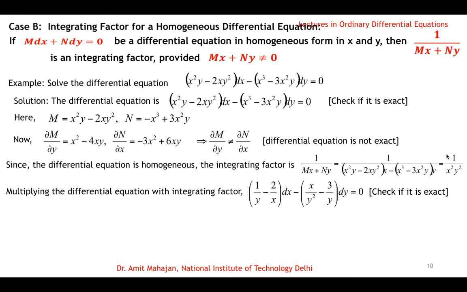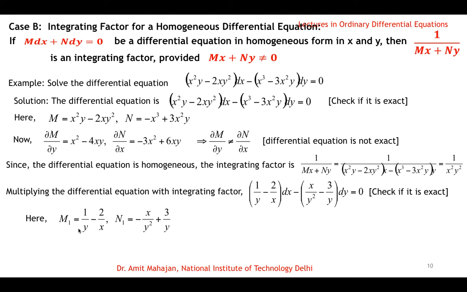If you have calculated this factor correctly for the homogeneous differential equation, then this is going to be an exact differential equation. This factor is m, this factor is n, so maybe I can call this m1 and n1. So m1 is 1 by y minus 2 by x, and n1 is minus x by y square plus 3 by y. So let us again check whether this equation is exact or not.